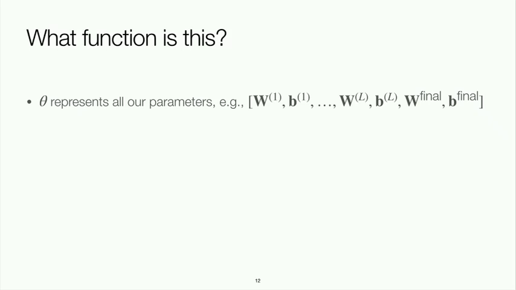Then I put a nonlinearity on top of that in order to make the whole thing nonlinear. So all of the parameters that I have are all of the W's and B's, all of the weights and biases in this big network. I'm going to collect all of them into a list and call that list theta. So theta represents all of the parameters in my neural network.